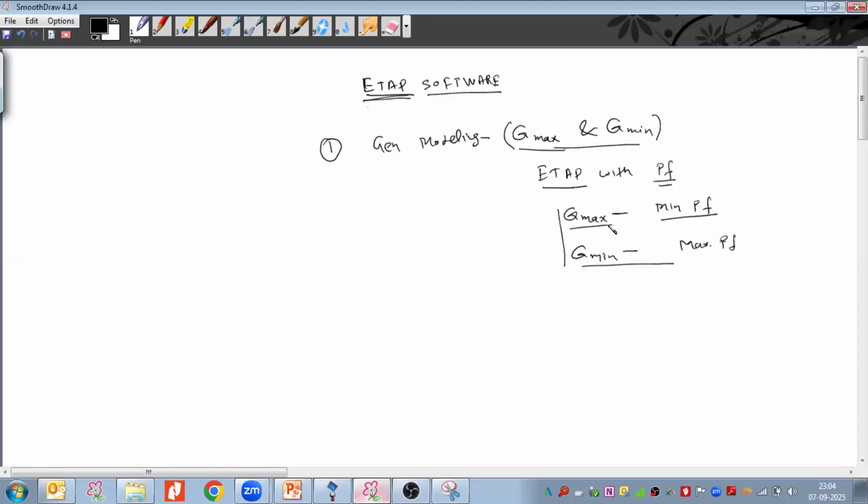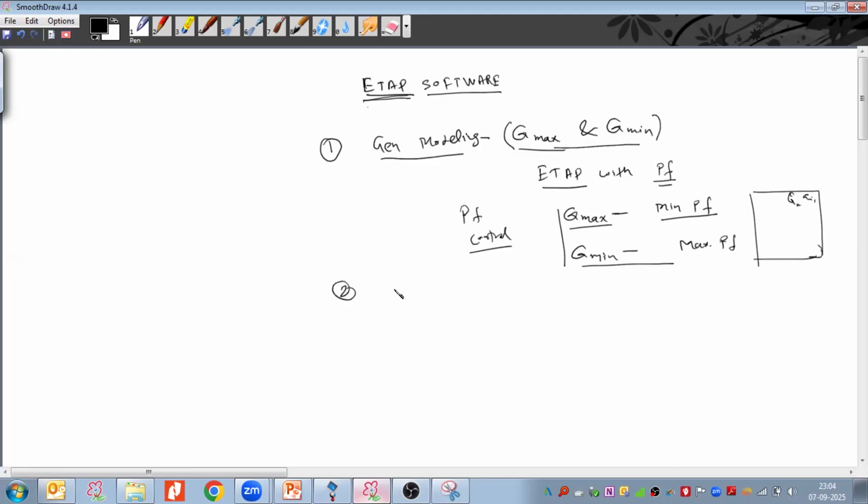So this value we copy and then enter into the Q max and Q minimum column. For that, in the operations, we have to take this in the power factor control mode, PF control mode, to get this value. So we discussed the generator modeling, Qmax and Q minimum.